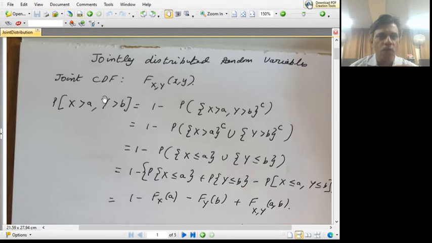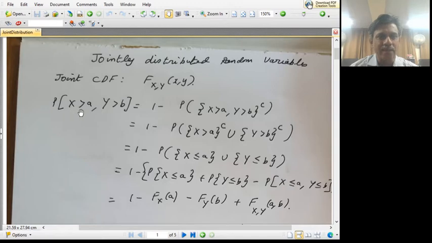We can also define a function similar to the CCDF, or complementary cumulative distribution function, for joint distributions. This is the way we define it for the two random variable case.